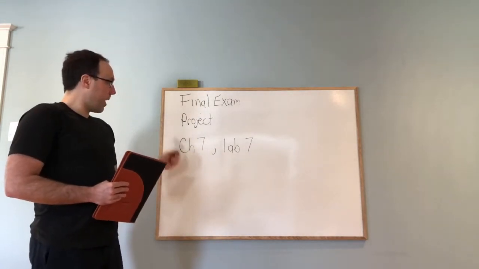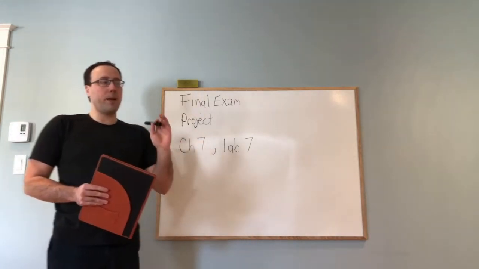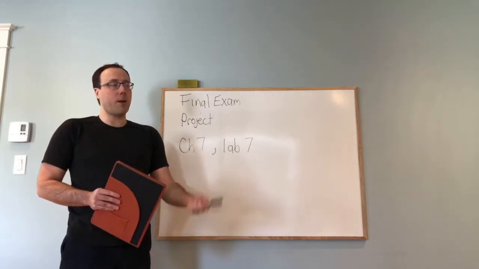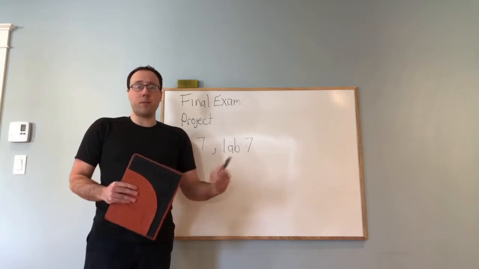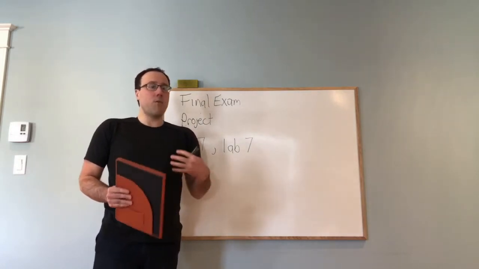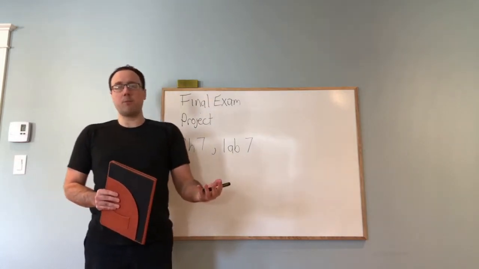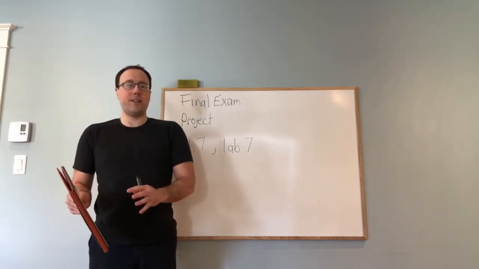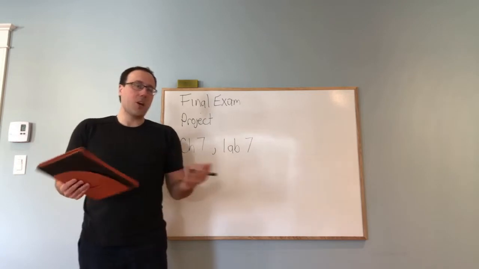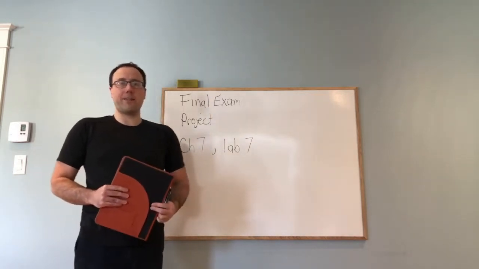And then the next thing is Chapter 7. So I've put up information online about Chapter 7 on D2L. And I'm excited to get into this chapter. So far when we've been doing document object model manipulation, we've been doing things like changing the text in a node or displaying an error message. So not maybe the most exciting things.